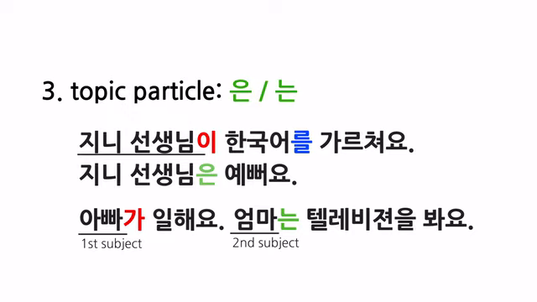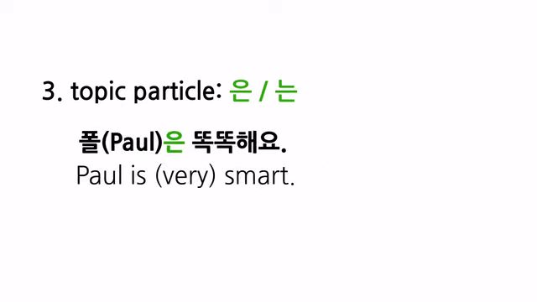For the second sentence, we are comparing the two subjects, 아빠 and 엄마. Therefore, the second subject, 엄마, used 는. For the third sentence, 폴은 똑똑해요. That means Paul is smart. You can say 폴이 똑똑해요. But when you say 폴은 instead of 폴이, you're emphasizing the smartness of Paul.